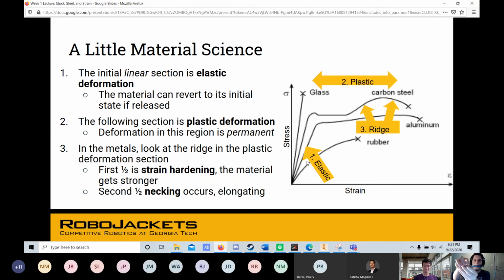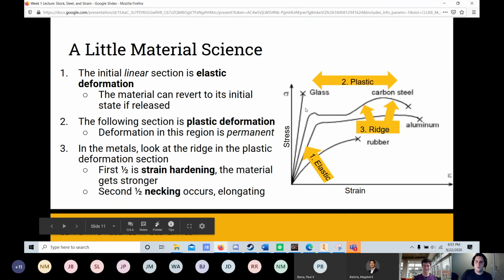If you think about it, you have this little metal part, and if I try stretching it a certain amount, it'll just go back to its original position. So that means this, I think it's probably aluminum or steel, is undergoing elastic deformation. No matter where I am with the stress, as long as it's before that limit, it's going to be able to go back to its original position.